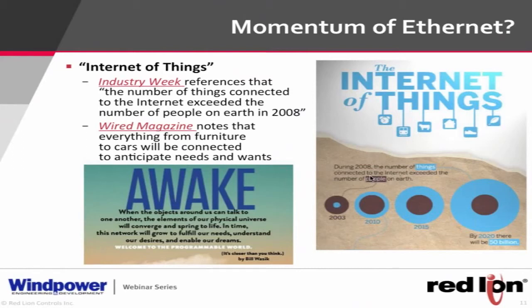And they want to do that with objects, just things that are out there. Ethernet is going to be the protocol that they use to communicate, or some form of it. So Ethernet is going to be everywhere, and it continues to grow and expand.